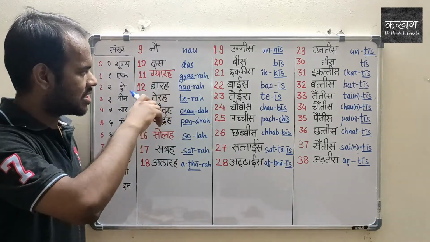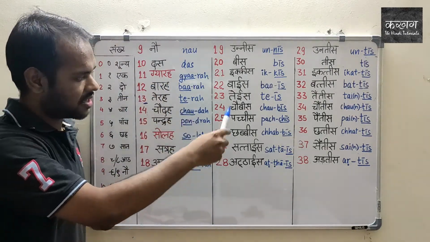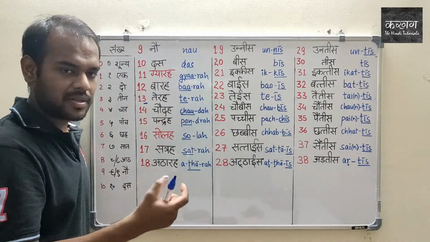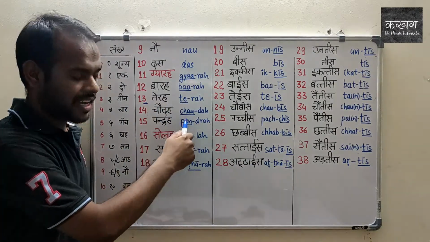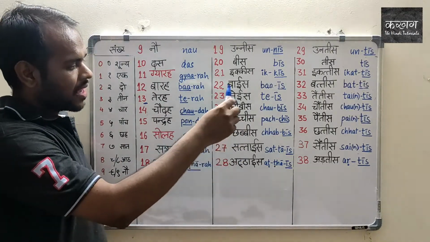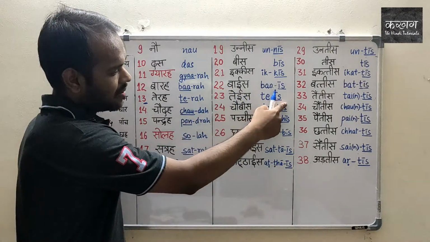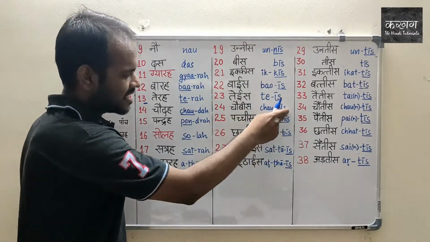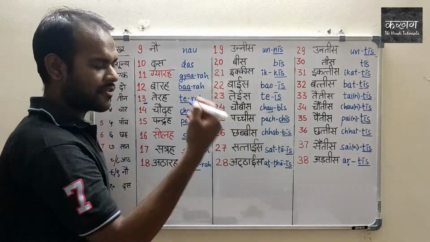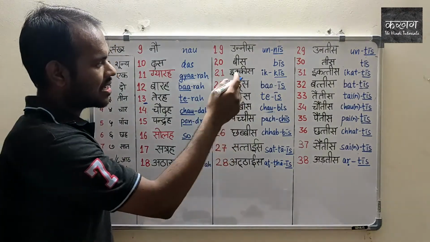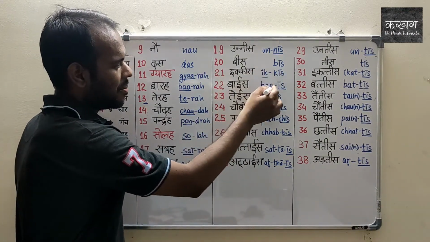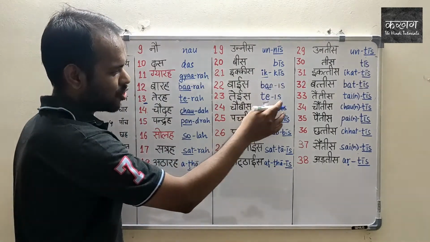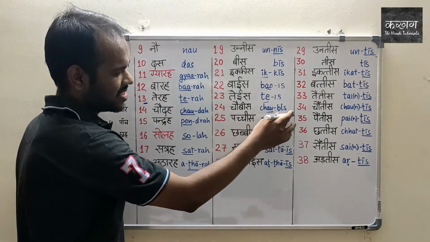I've also written these romanized forms, the transliteration, in which I have divided the numbers into syllables, and I have also underlined the stressed syllable. Now, as the E becomes short, the stress shifts to the first syllable. 21, 22, 23, 24, 25.